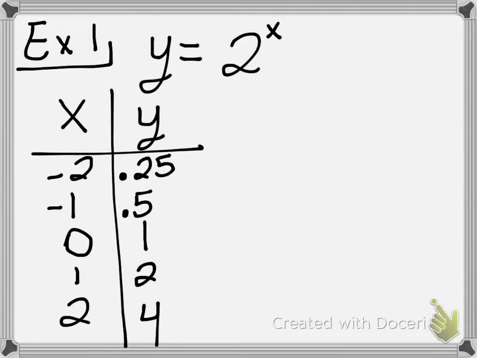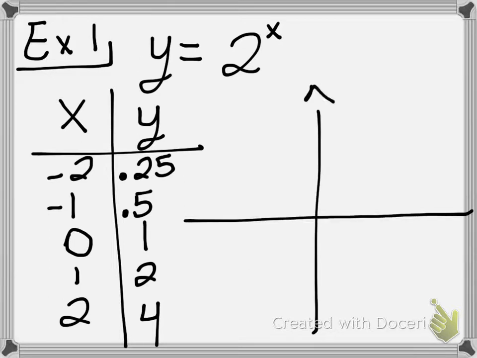Now, what I'm going to ask you to do is to graph all these points on your paper or on graph paper and see how it looks, because what I'm going to draw here is not going to look as pretty. So, here's our 2 axes.